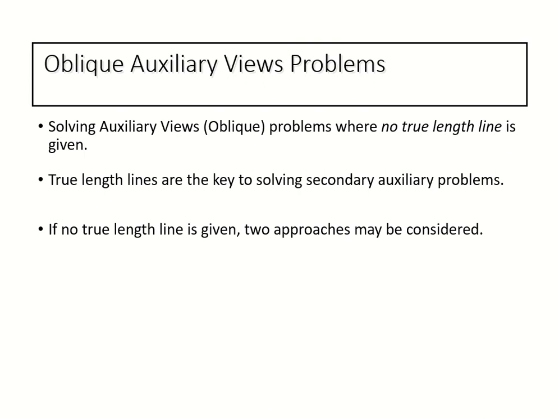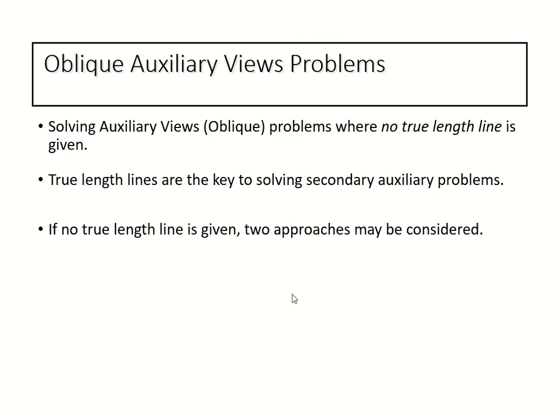Okay, so let's take a look at how to solve the oblique auxiliary view problems without the true length line. Like we said two sections ago, every time you don't have a true length line given to you, we're gonna solve it in two different methods.